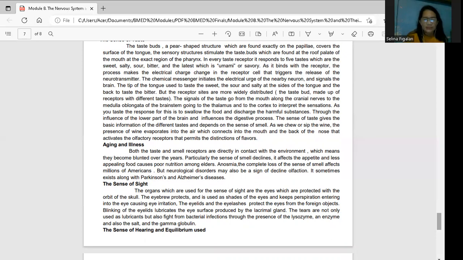Meron kayong hole dyan sa inyong mata, dyan lumalabas ang ating luha. Produced by your lacrimal gland. The tears are not only used for lubricants, but also fight the bacterial infection. Siya yung naglilinis ng ating mata.